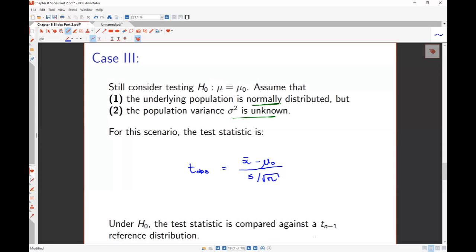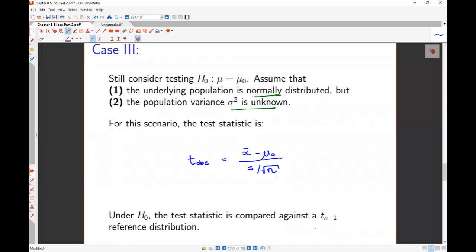So fundamentally, the formula has not changed. But because we know that the reference distribution is different, we call it t observed as opposed to previously having called it z observed. Because in this instance, we no longer use the normal distribution as a reference. We now use the t distribution with n-1 degrees of freedom as a reference.